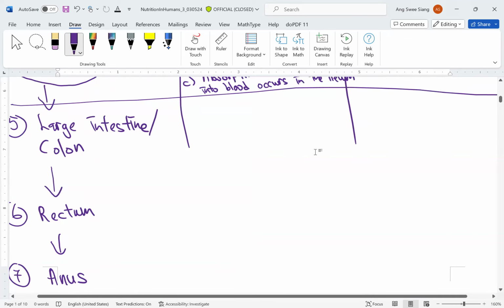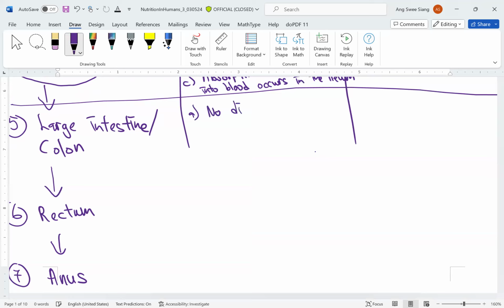Now in the large intestine, there is no digestion. So the large intestine is mainly absorption of water and mineral ions from the undigested food.